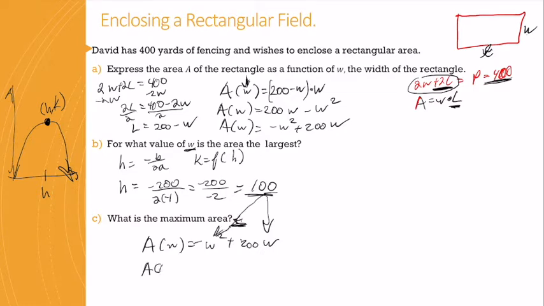So A of 100 equals negative 100 squared plus 200 times 100. That gives me negative 10,000 plus 20,000, which is just 10,000. So here is our first example using what we know about quadratic functions to find the maximum area of a rectangle.